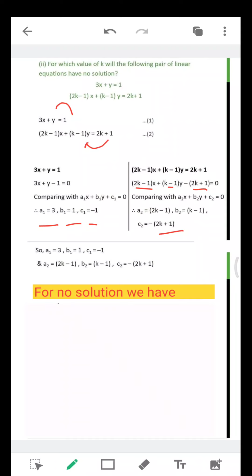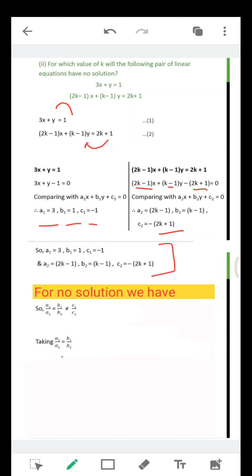So these values we need to substitute in the condition now. We'll substitute these values in the condition. So for no solution, what is the condition? a1 by a2 is equal to b1 by b2 is not equal to c1 by c2. Let's substitute the values now. So in this there are three parts: a1 by a2 is equal to b1 by b2 is not equal to c1 by c2.